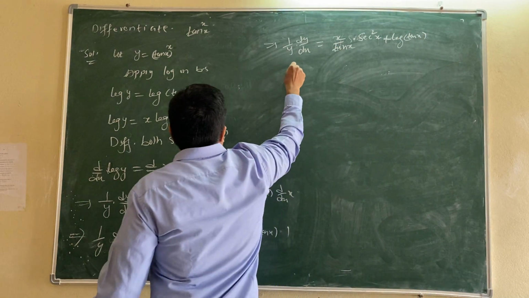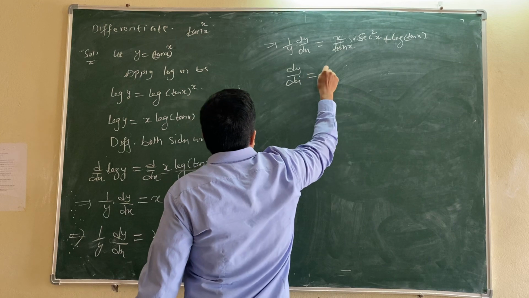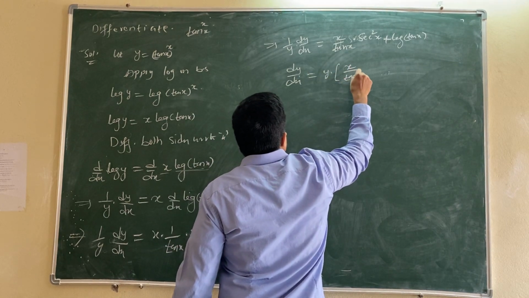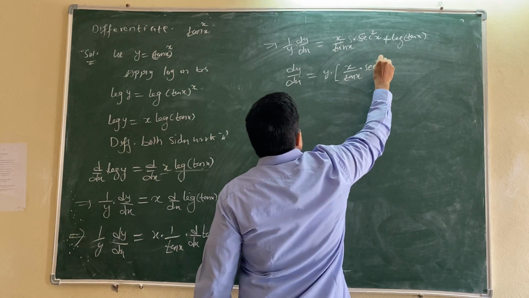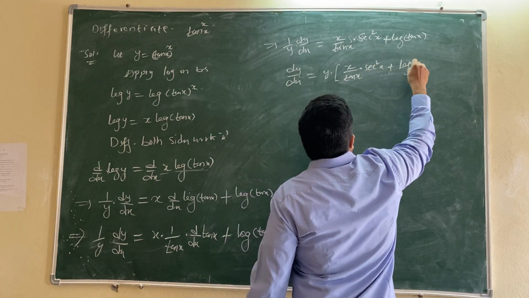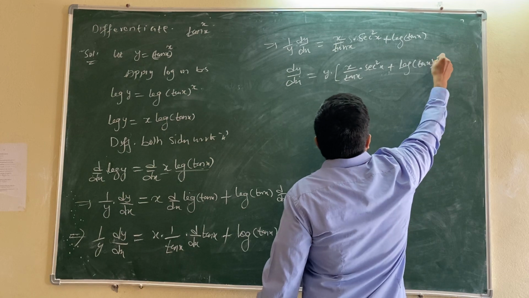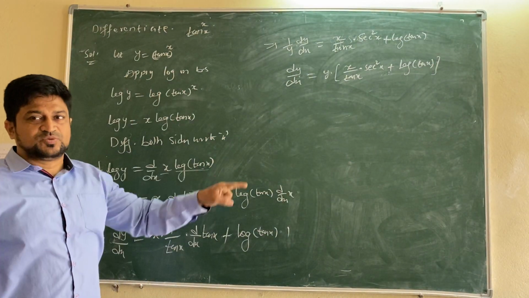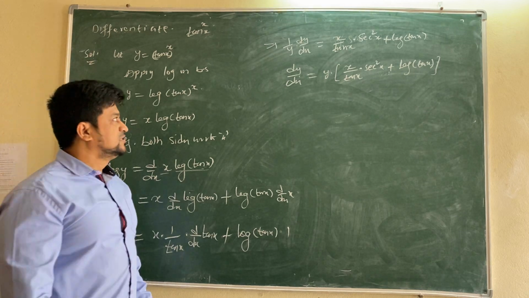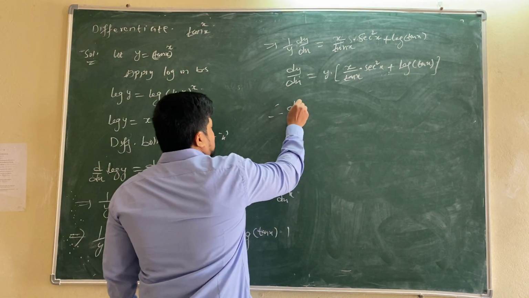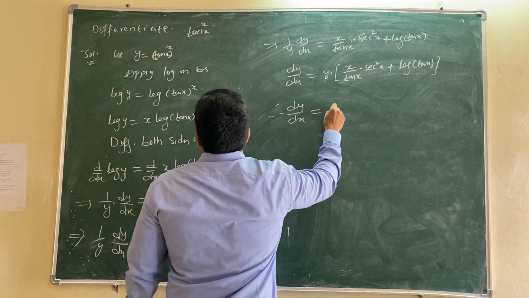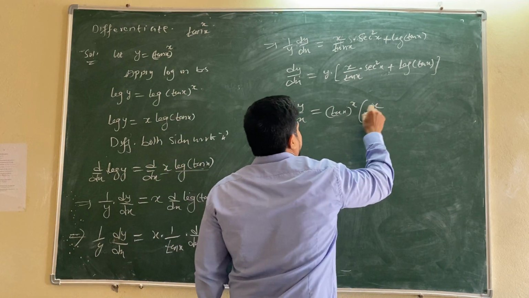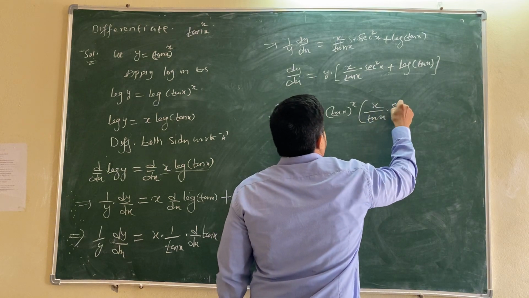Now y is cross multiplied, so the whole thing should be taken in a bracket on the right side. At the end, you should conclude by writing the y value. We considered y as tan x power x. Then x by tan x, secant square x, plus log of tan x.